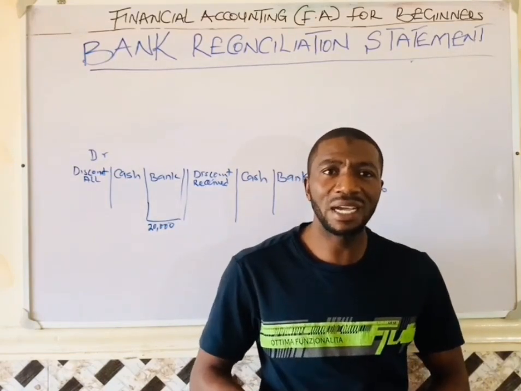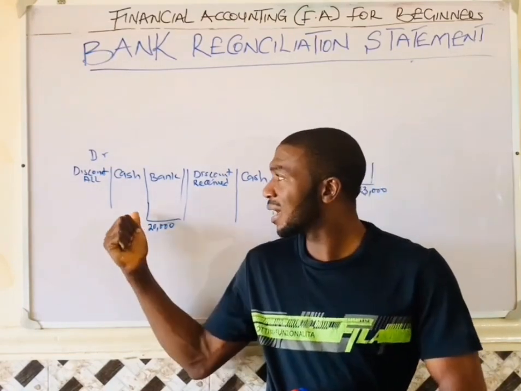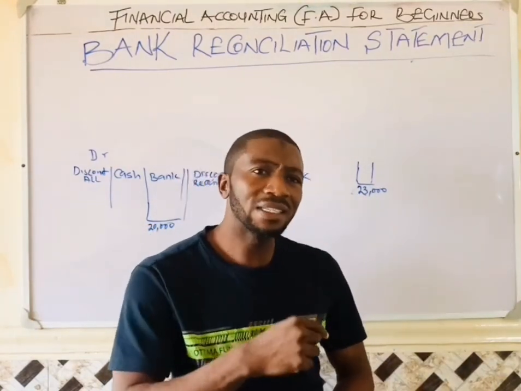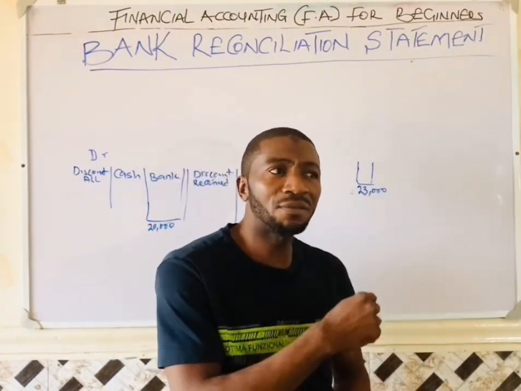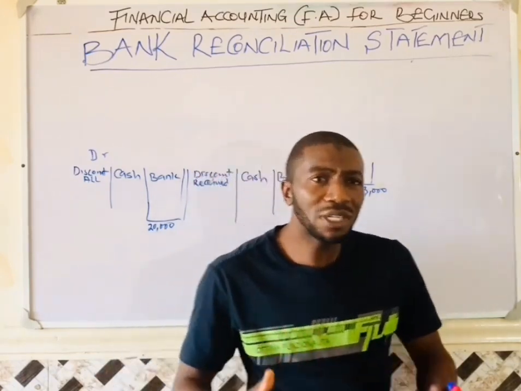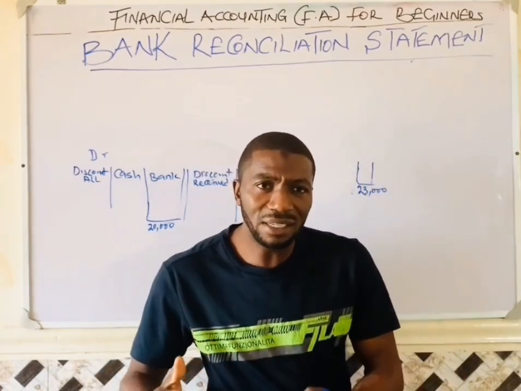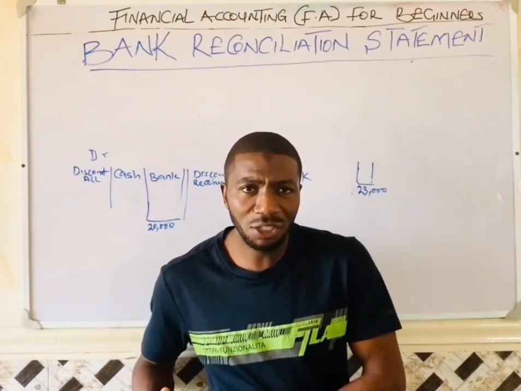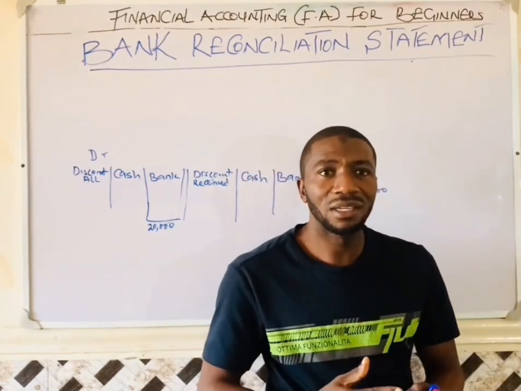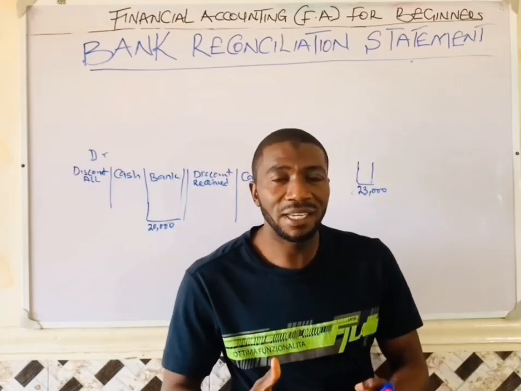What are those things that make our cash book bank balance not to tally with the account that we have in the bank? That is simple as that. So in the process of knowing the reason why your bank in the cash book does not agree with the account in the bank, the reconciliation process begins.